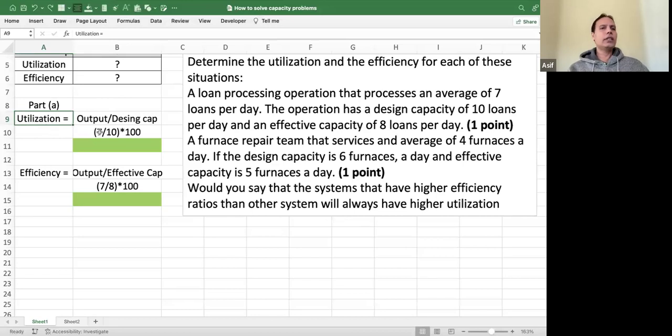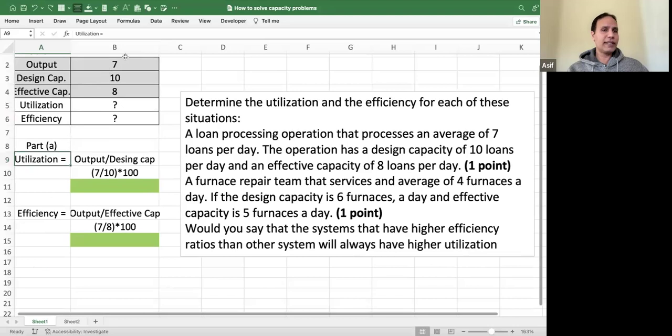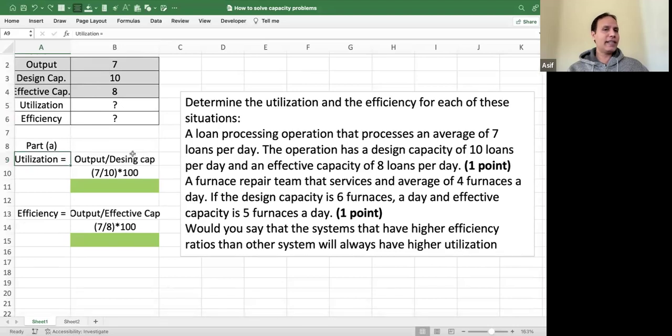And the next thing is showing the process. For that, I will just write here output. We know output is 7 divided by design capacity, which is 10. So 7 over 10. And because we always mention utilization in percentage, I will multiply by 100. And again, I'm not expecting an answer here because I didn't put an equal sign. I just want to show the process.